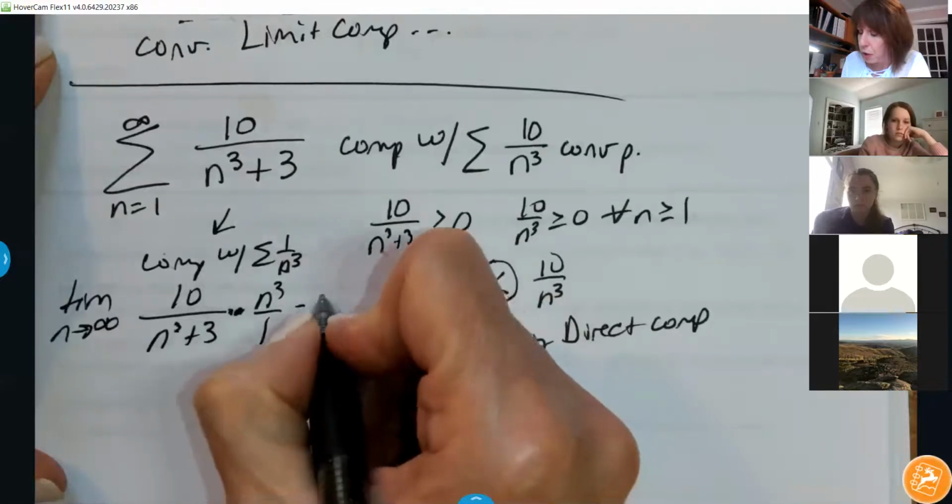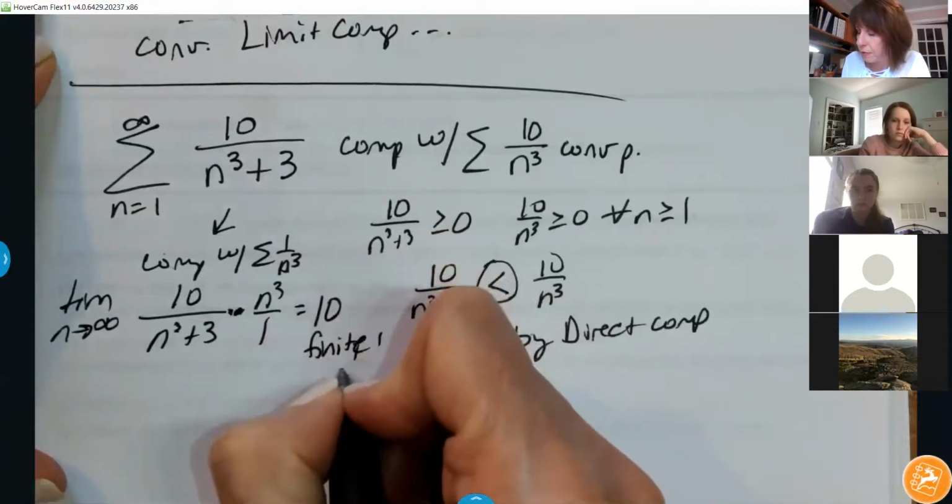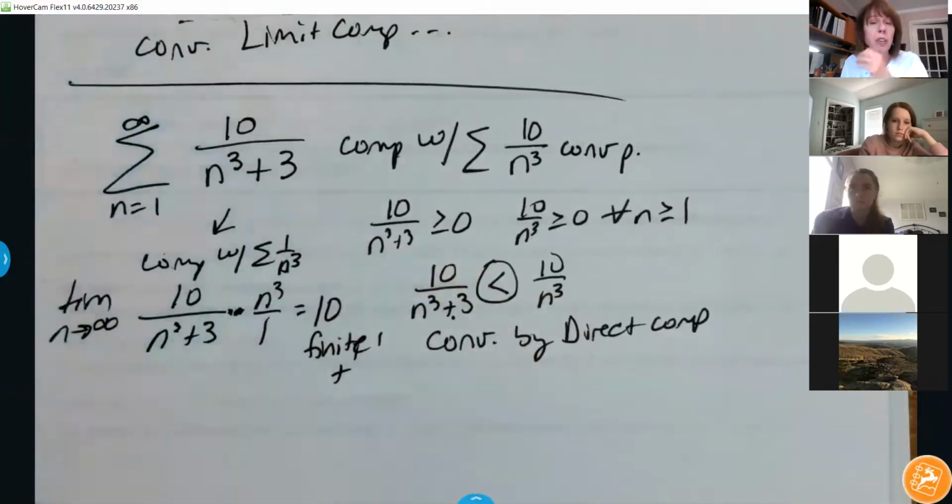So this would give you a limit of 10, which is finite and positive. And so converges by limit comparison as well. So either one would work there. That may have been one of each type, but anyway.